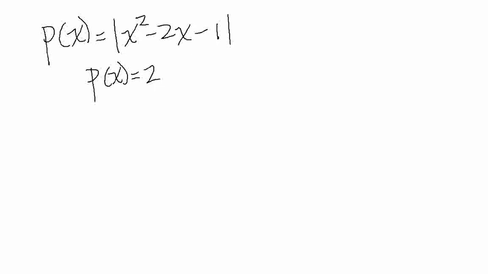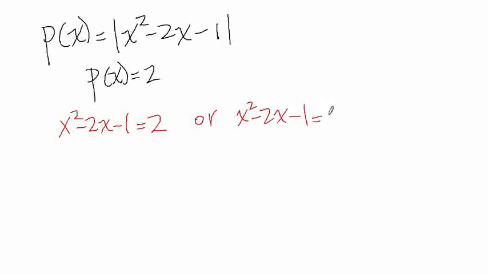Okay, so I'll go ahead and solve it now as well. So we need the inside quadratic to equal 2, or we need the inside quadratic to equal minus 2. And let me go ahead and solve both of those cases.